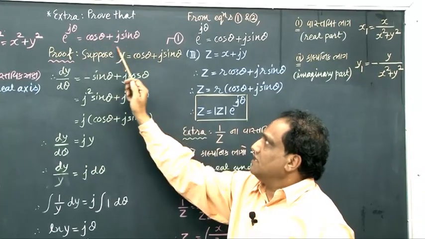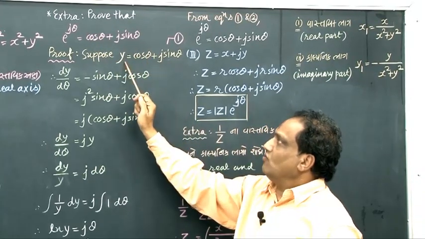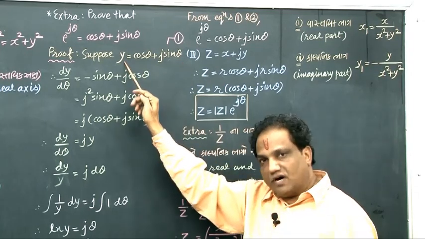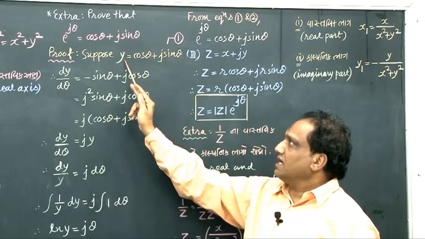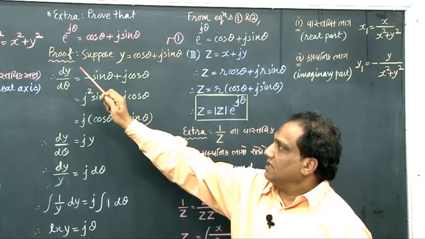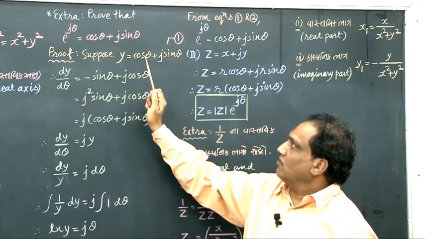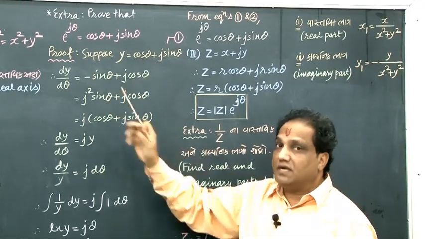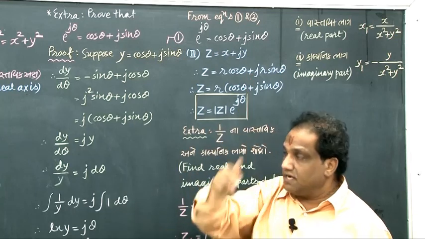Let us start this way. Suppose this right hand side, I just take it equal to y. So this function, I just show it by symbol y. Now just take d by d theta on both the sides. It is dy by d theta. When you take d by d theta of cos theta, it is minus sin theta. Derivative of cos is minus sin.